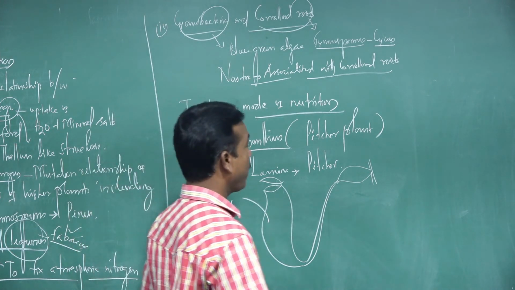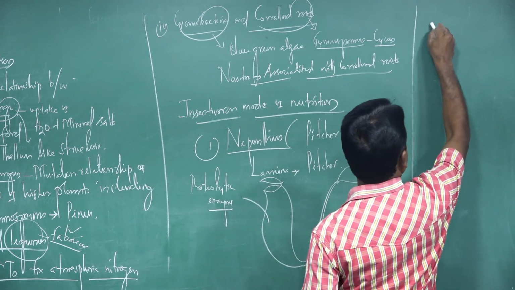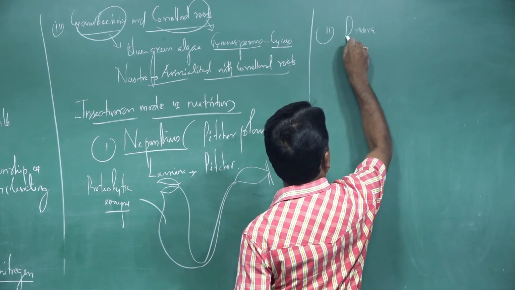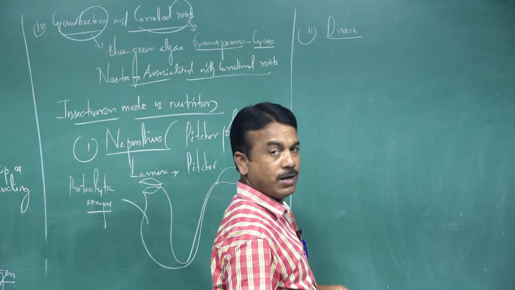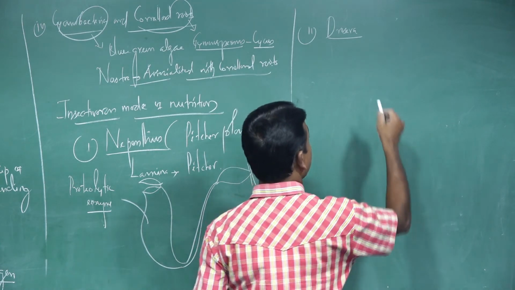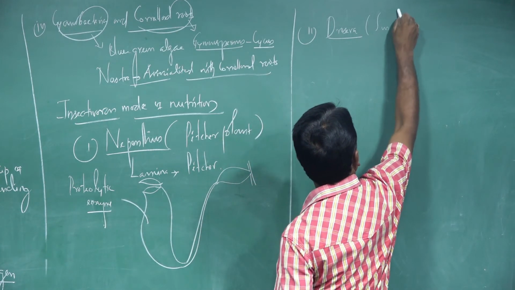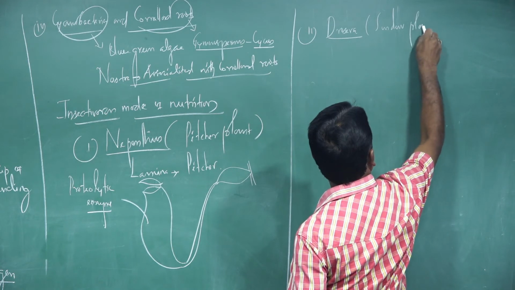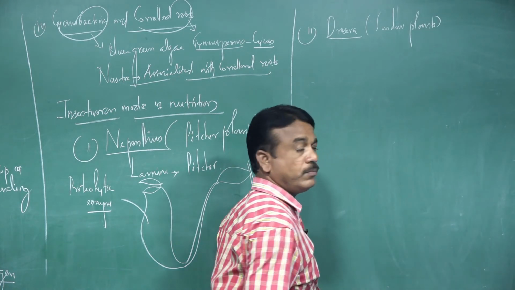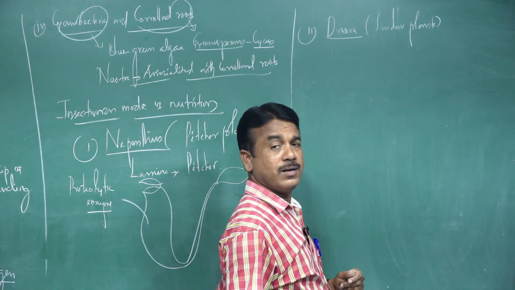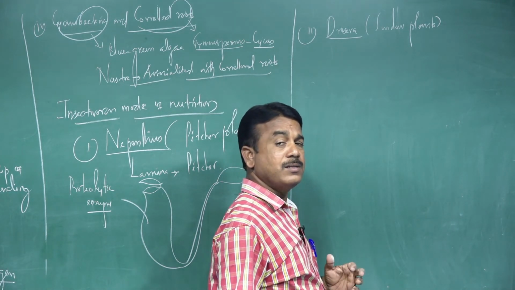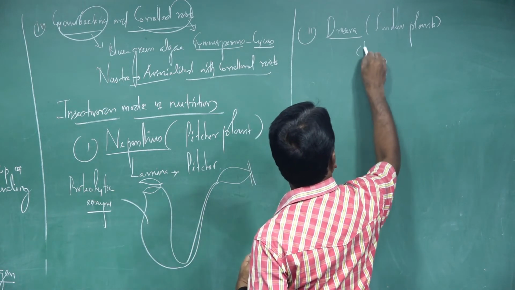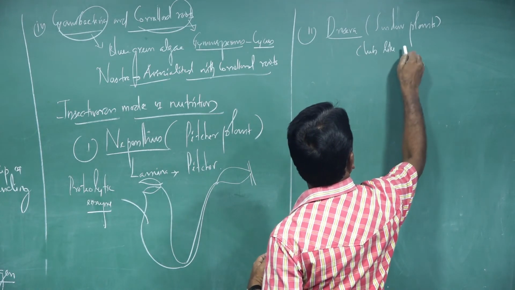Can I go to the second one? Drosera. What is that? Drosera is also called sundew plant. Here in Drosera, the plant is modified to look like numerous hair-like or club-like tentacles.